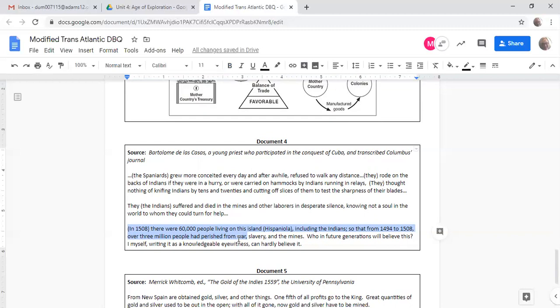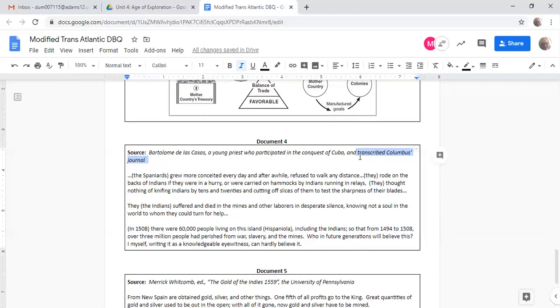I've got one sourcing going, and I'm going to actually source this document because I know a lot about this guy. I know that he is obviously Spanish. I know that he is a priest, so he believes in Christianity, and I know that he was there. So I could attack this in a few different ways. I could attack it for POV in terms of credibility.